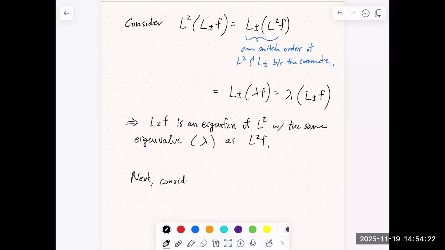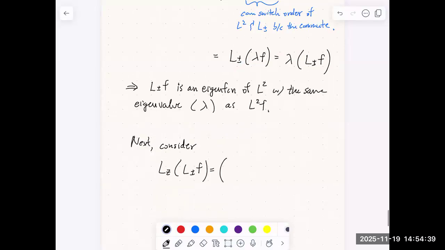I want to do the same kind of game with Lz acting on L plus minus times f. All right. But we're going to have to be a little more tricky this time. So what I'm going to do is write this as Lz L plus minus f. Actually, I'm going to put f here.